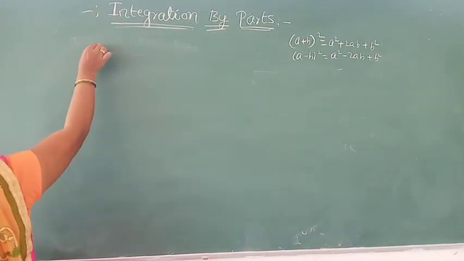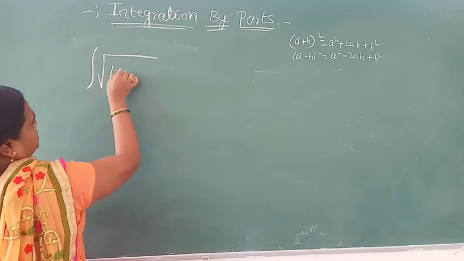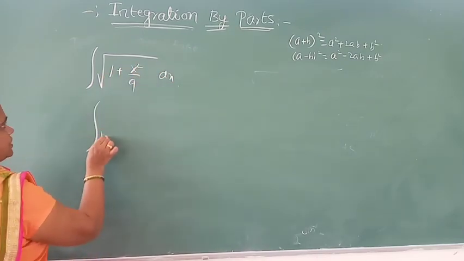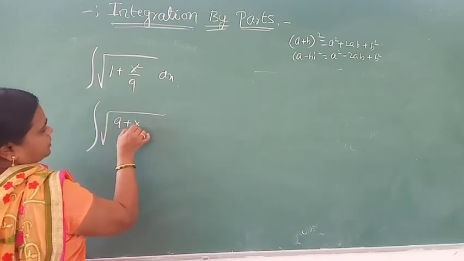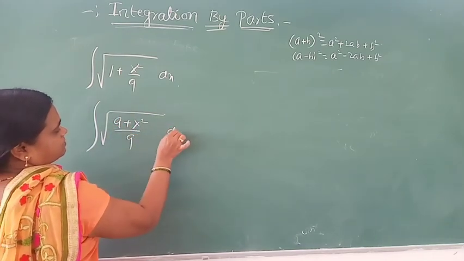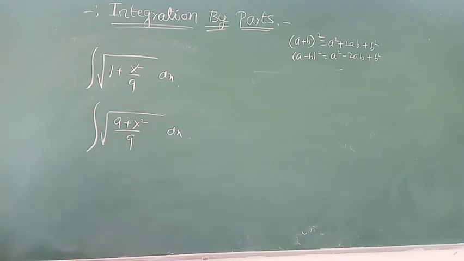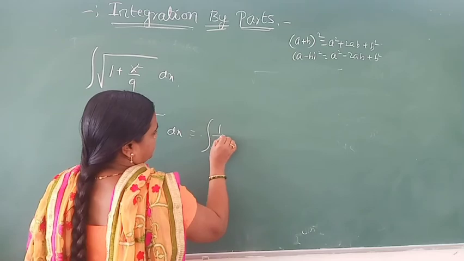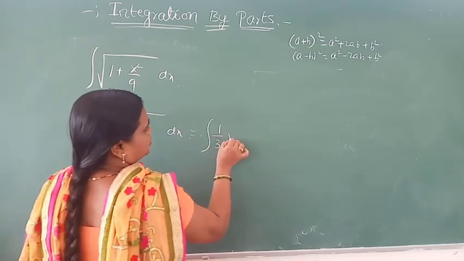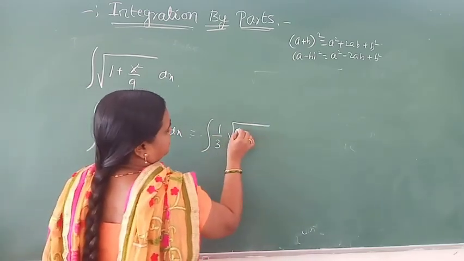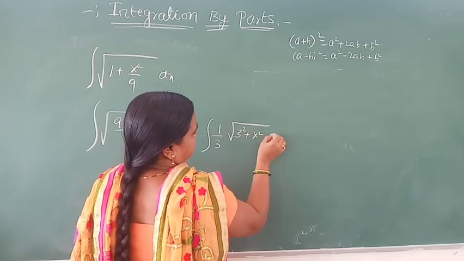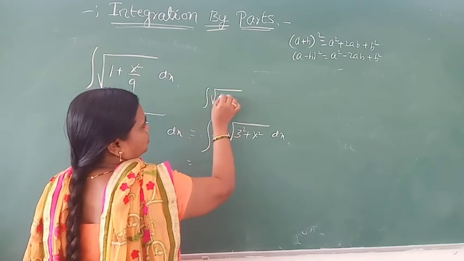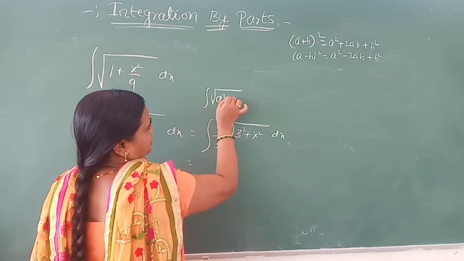Integration of root of 1 plus x square by 9 dx. We can write this as integration of root of 9 plus x square by 9 dx by taking the LCM. And see, 1 by 9, we can remove the square root, we get 1 by 3 root of 9 plus x square, where 9 means 3 square plus x square dx. And this is exactly the form of integration of root of a square plus x square formula, right?